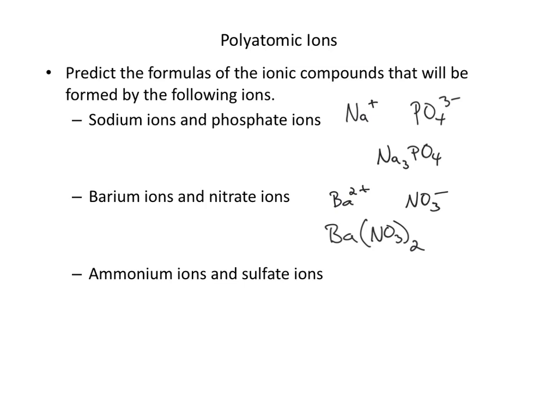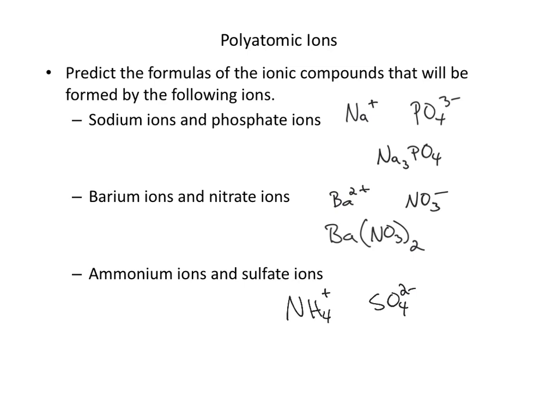We want to do ammonium sulfate. So ammonium is a little bit unique. Of the polyatomic ions that I want you to know, ammonium is the only one that's positive. The ammonium polyatomic ion is NH4+. Sulfate is SO4 2-.